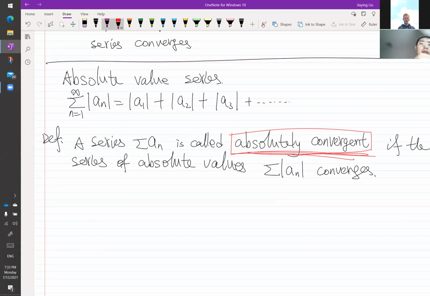It's a new term. You kind of have to remember the phrase together. So what this says, let me just rewrite the definition. If the series with absolute values of an converges, then the series an without the absolute value sign is called absolutely convergent.